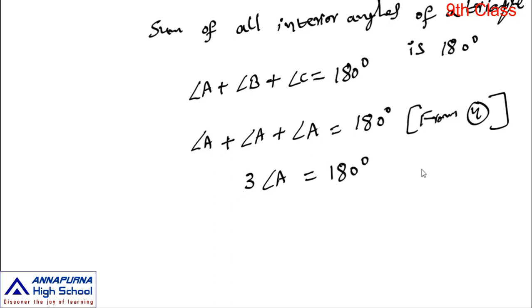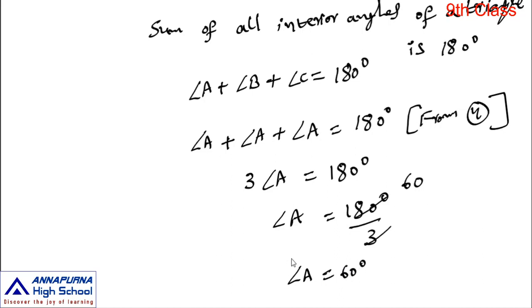Transpose the 3 to right hand side. So angle A is equal to 180 degrees by 3. 3 cancelled, 180 degrees, 60 times. So angle A is equal to 60 degrees.